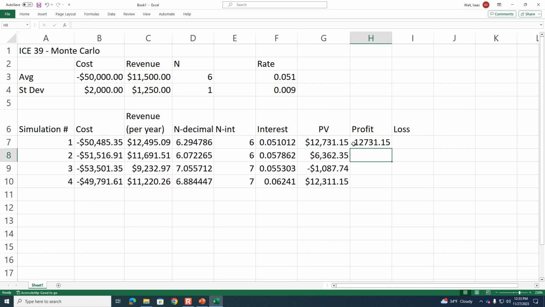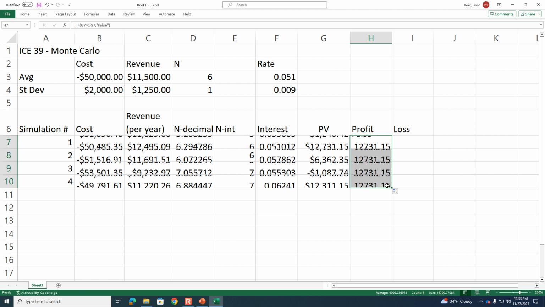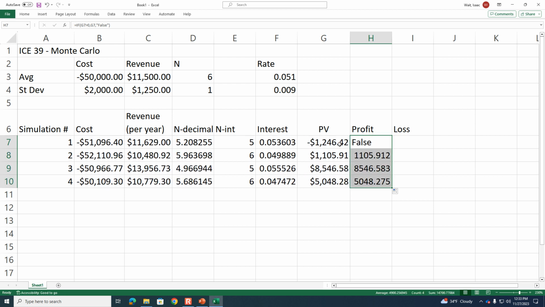Okay, so if it's greater than 0, it'll say the amount. Otherwise, it'll say false. Okay, so if I drag this down, here, it's triggering false for the one that's negative, but it's just reporting the amounts for the others. So it's doing what we would want. That's good. For the loss, let's do another if statement, equals IF this is less than 0, then report the amount.